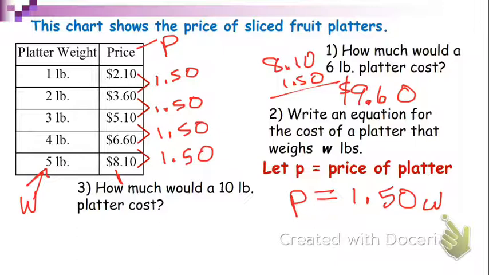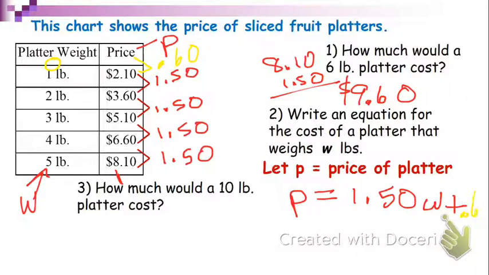We need something to add to it. So if we take $2.10, if we go backwards and think of, well, if it's 0 weight, if we follow this pattern and we subtract $1.50 off of $2.10, we would get 60 cents.